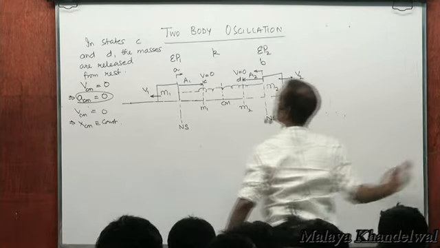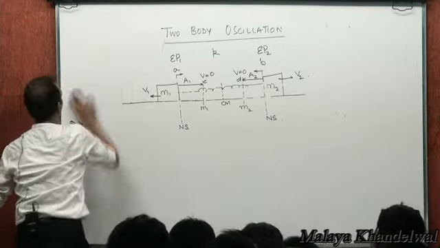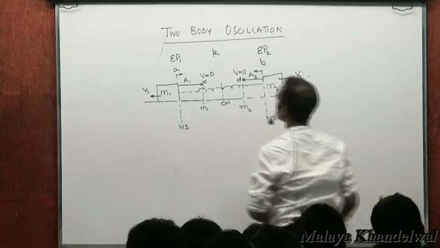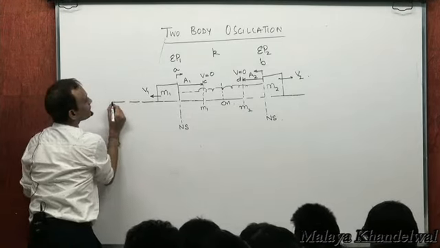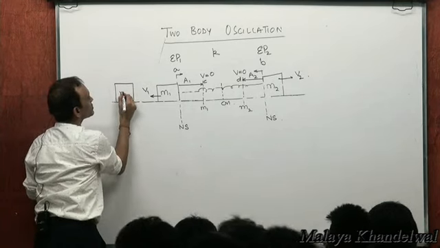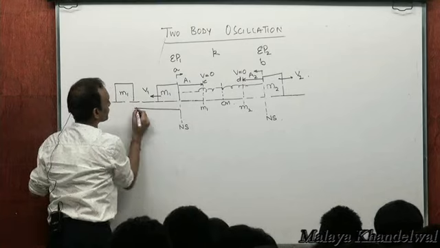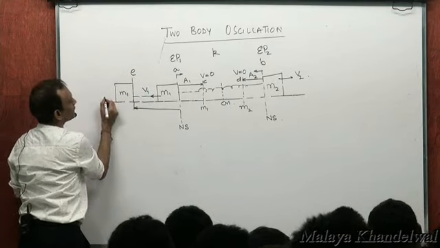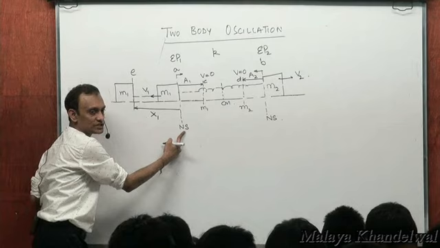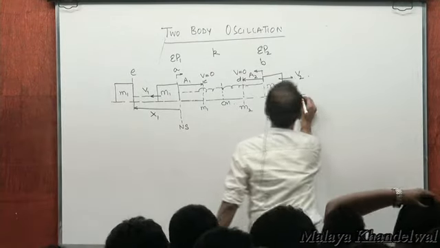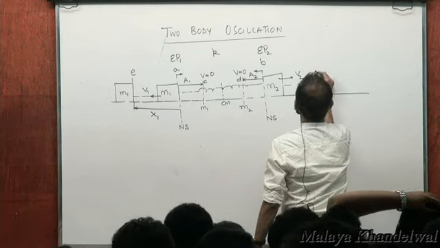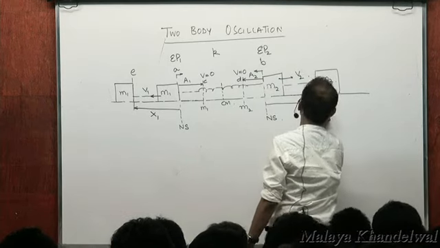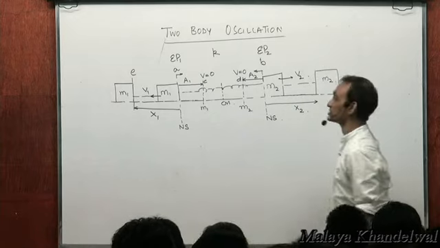Now, after a while, let's say m1 comes to this state, let's say state E, m1 arrives at this state E, x1 units from its equilibrium position, and at the same instant m2 arrives at this state, and it has got displaced by an amount x2 from its equilibrium position.